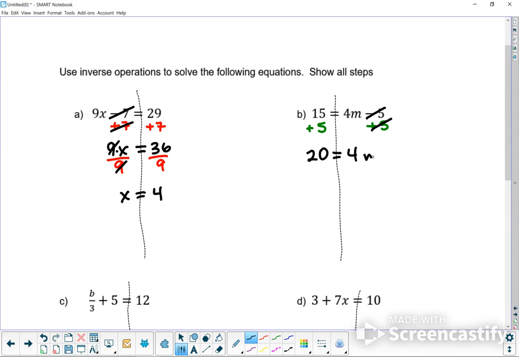And remember, it's 4m, but it's actually 4 times m, or m times 4. And the inverse of times 4 is divided by 4. So we're going to do that to both sides. That division by 4 is going to cancel, and we're going to be left with m equals 20 divided by 4, you've got to figure that out. That's going to be 5. Okay, you can write it like this, or if you like, you can write it as m equals 5. Either way is fine.